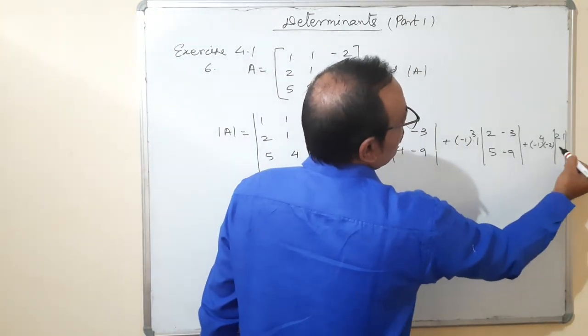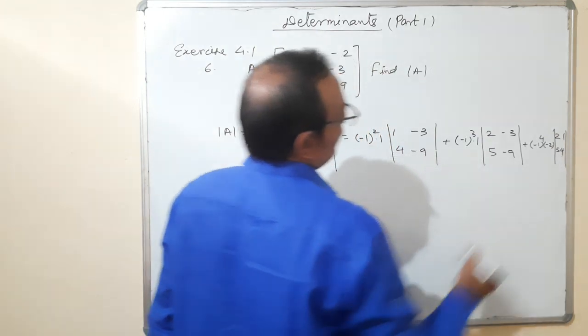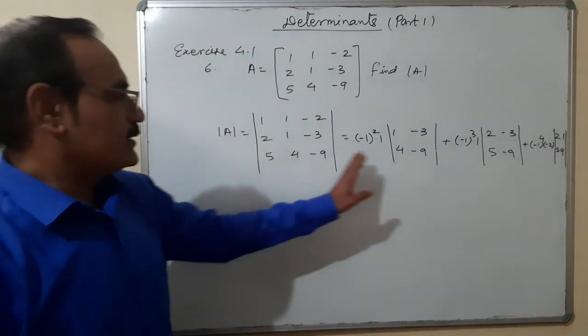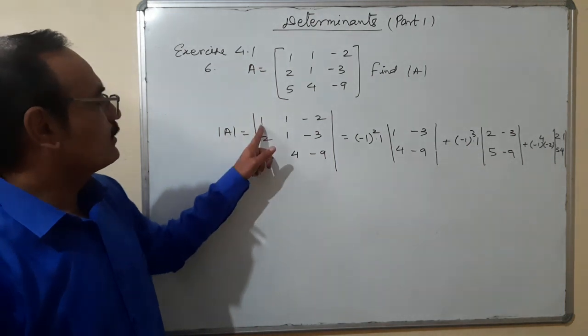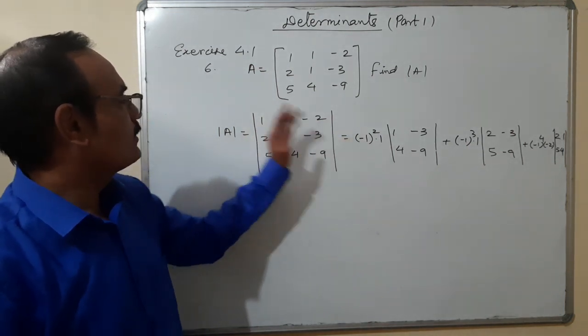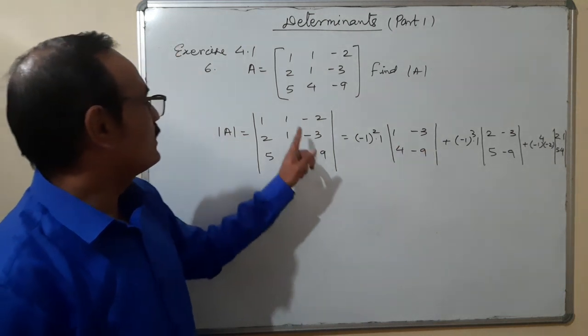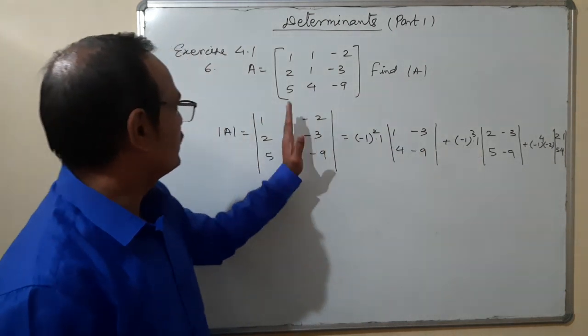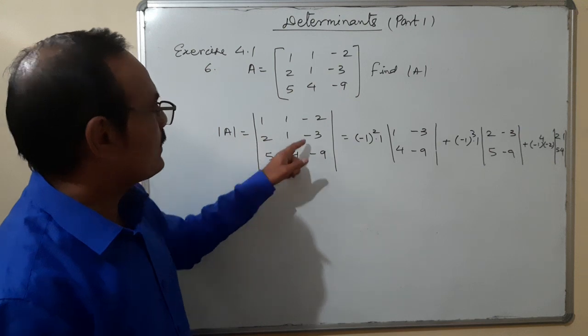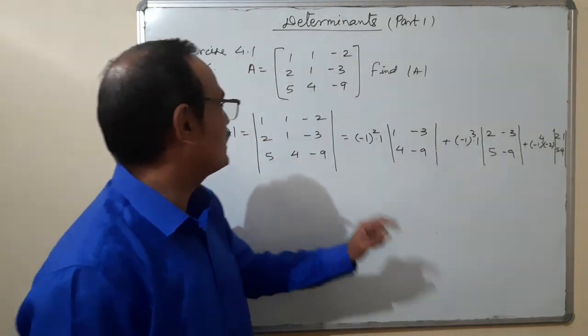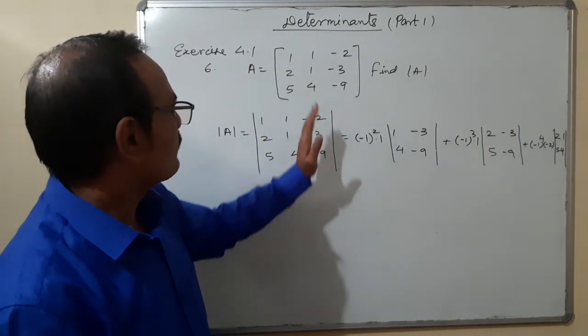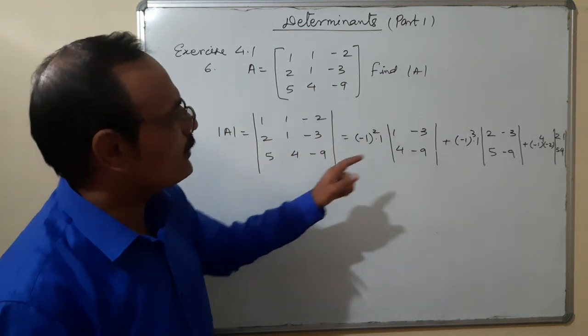This is the expansion: the first is 1, leaving this column and row, 1 minus 3, 4, 9. Second is 1, leaving this column and row, 2 5 minus 3 minus 9. Third is minus 2, leaving this column and row, 2 1 5 4.